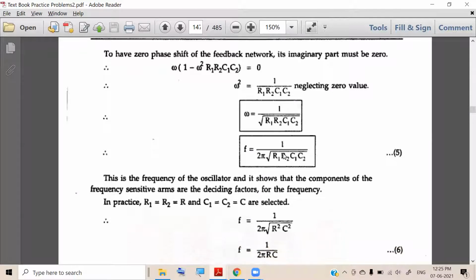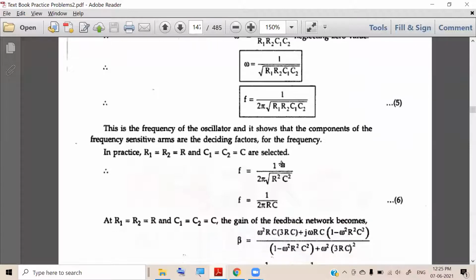And omega is 2 pi f, so f will be 1 by 2 pi into omega.